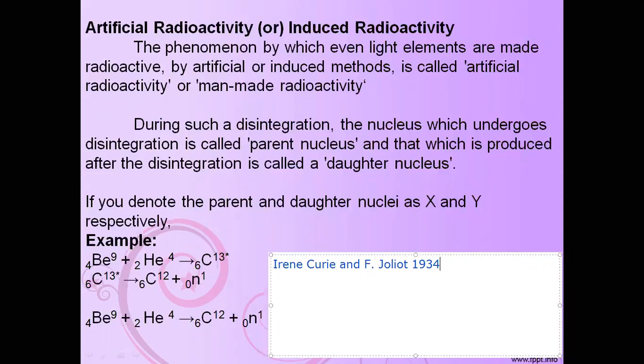Okay, so the radioactivity is induced in certain lighter elements like boron, aluminum, etc.